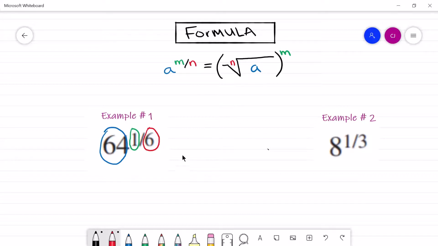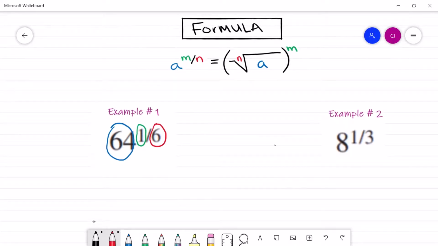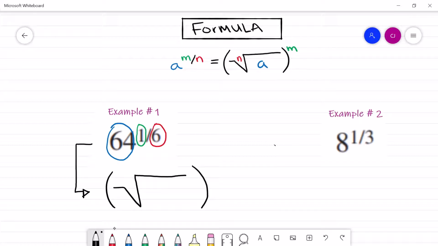So I'm going to go ahead and rewrite my number using the formula. Using the formula, I know that if I wanted to write it as a radical, it's going to look something like this. My a is going to go inside, my n is going to go inside of the root, and my m is going to be the outside power.